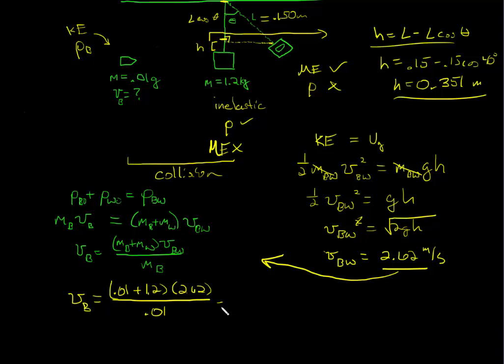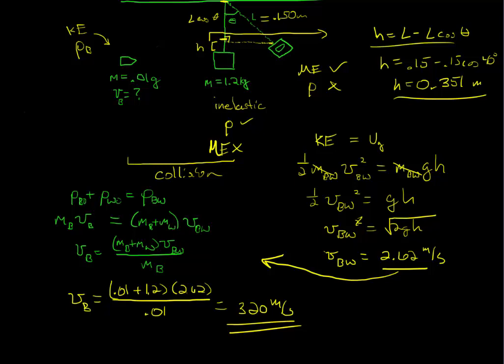And when you do all of that, if I set it up correctly, you should get 320 meters per second. Seems reasonable for a bullet. It seems complicated, but if you go back and think about what we did, it's just an analysis of the momentum, then switching over to energy, and then coming back to momentum to finish. Similar to how we analyze projectile motion.